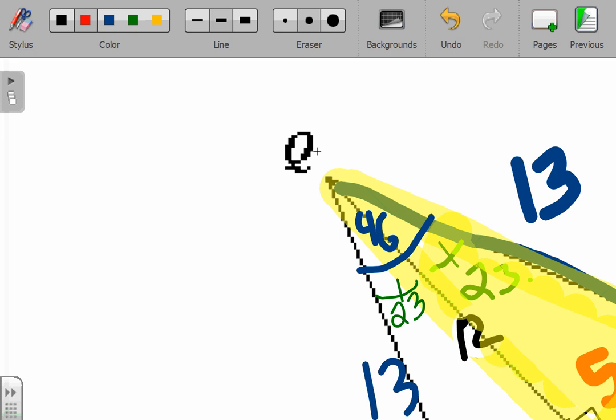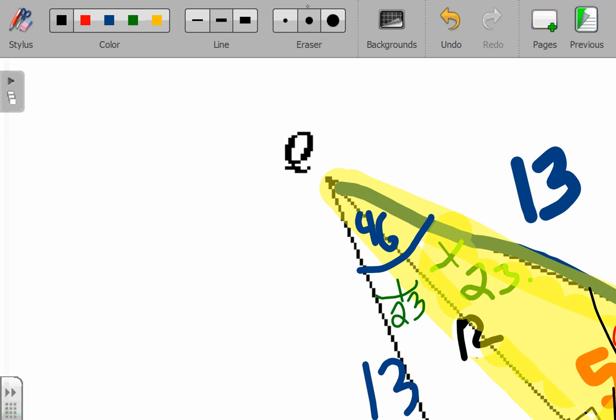And of course, we get 67. That's 67. This is also 67, which means over here is 67. This is 67. And of course, that means this entire angle is 134.